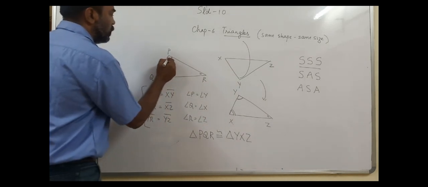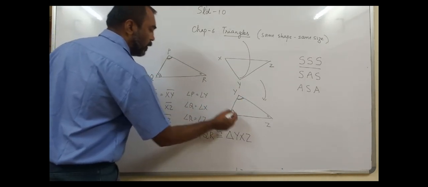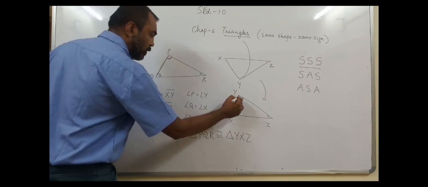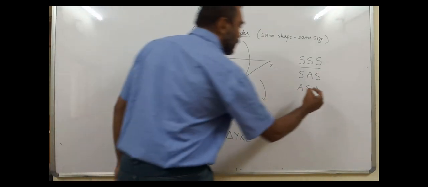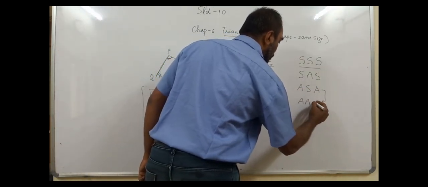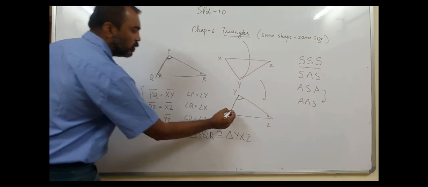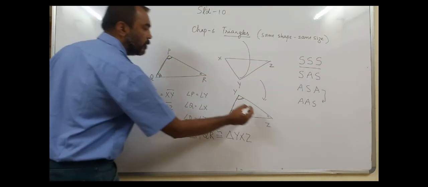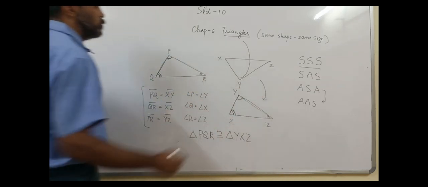There was ASA. ASA means if two corresponding angles and the included side are congruent, then the triangles are congruent. This had another version also called AAS. The AAS was if two angles and the non-included side are congruent, then also it is.